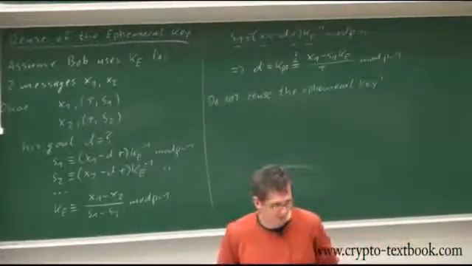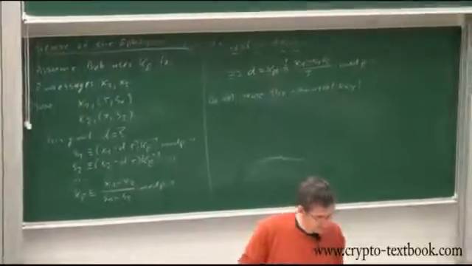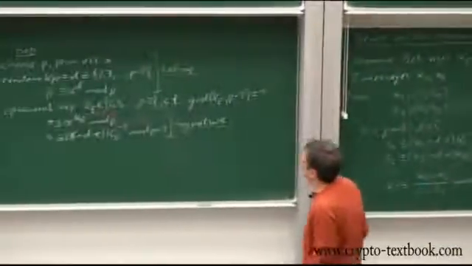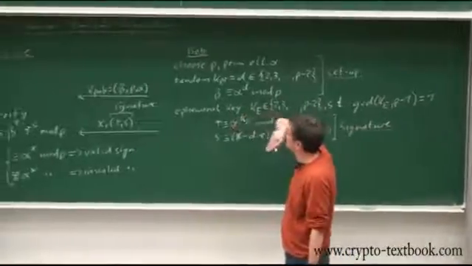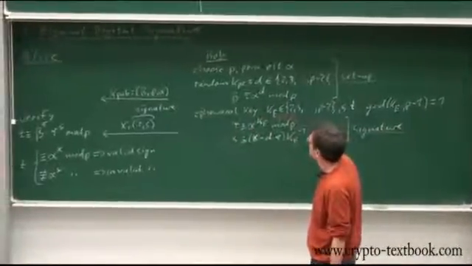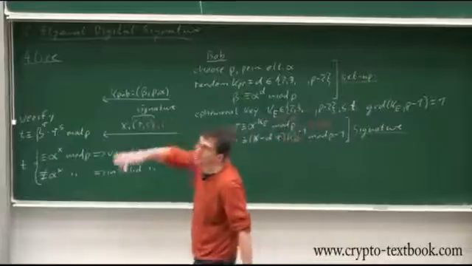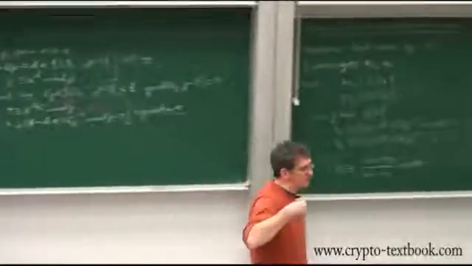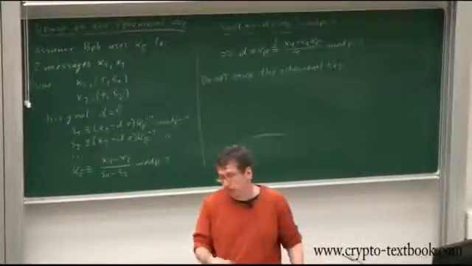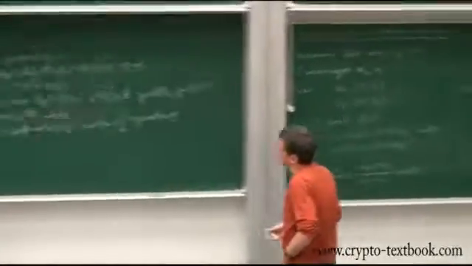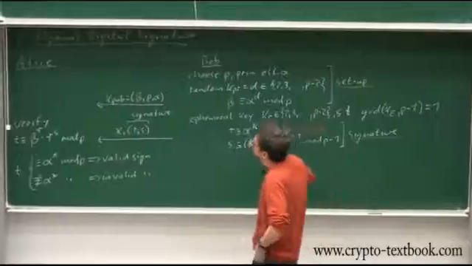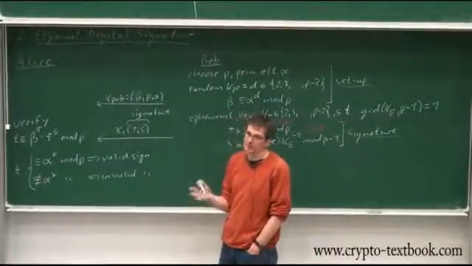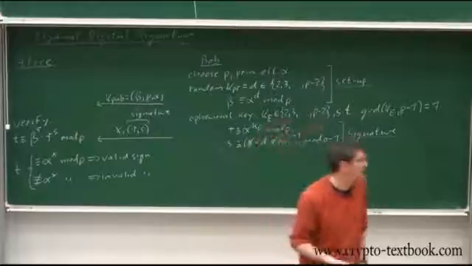So the other attack I want to show you along this line is an attack similar to what we did with RSA. It is an existential forgery attack. That means we can also show that Oscar can generate valid signatures, but with the same problem that he can't really control the message, but it's possible, okay?